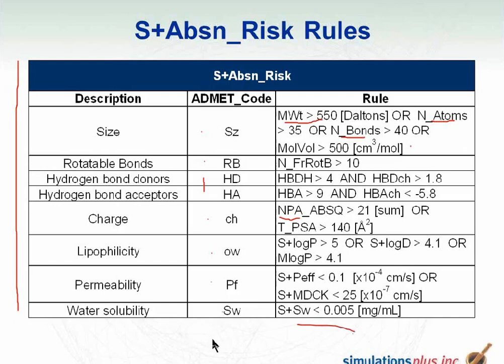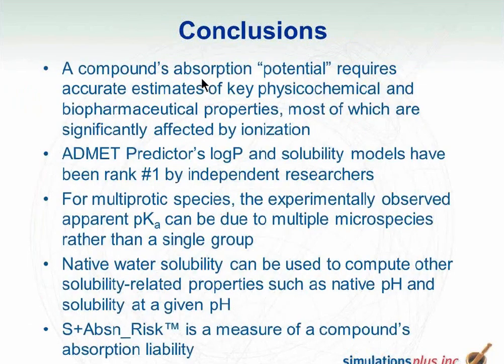So in conclusion, a compound's absorption potential requires accurate estimates of key physicochemical and biopharmaceutical properties, and most of these properties are significantly affected by ionization. ADMET Predictor's log P and solubility models have been ranked #1 by independent researchers.